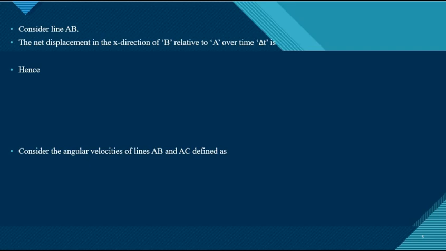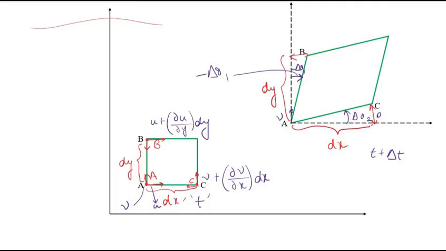How can we write that? That would be u plus ∂u/∂y into dy. Correct? Now, when the fluid element is moving from time t to delta t, what is happening to B? B has also rotated with an angle minus delta theta 1.